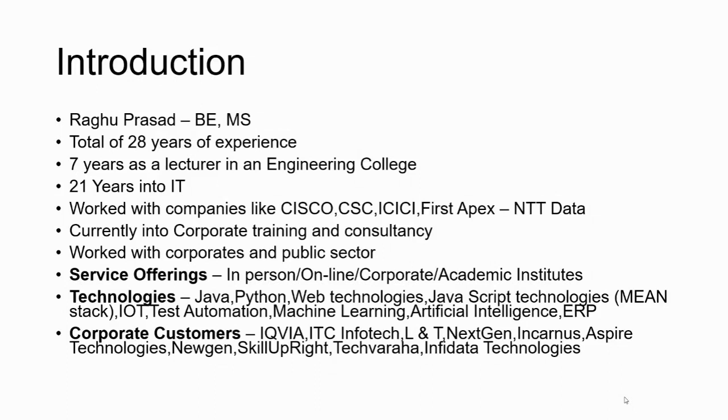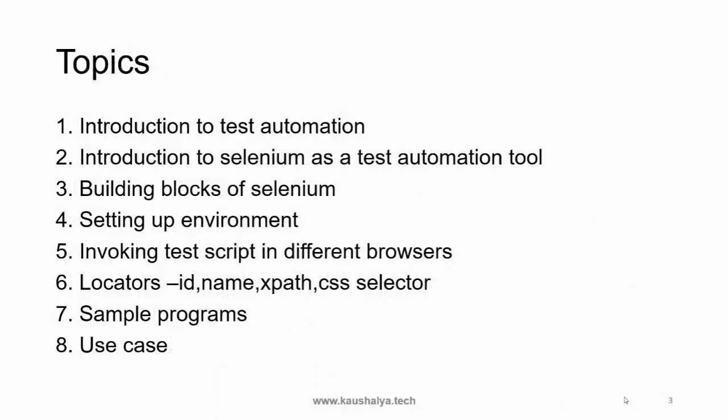Test automation is one of the important areas, and these are the topics I would be covering in today's session. What exactly is test automation? There are different tools available for test automation. Why should we select Selenium as the test automation tool? What are the building blocks of Selenium?